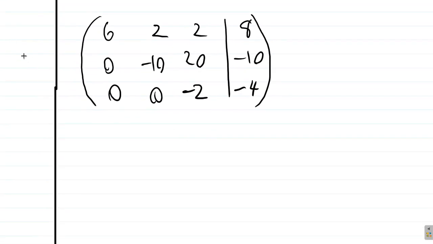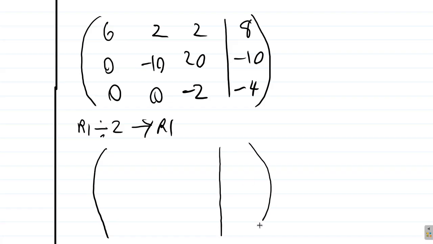Now, we can get smaller numbers if we have row 1 divided by 2. Sometimes it's written as half row 1, but I'm saying row 1 divided by 2 will lead to a new row 1.